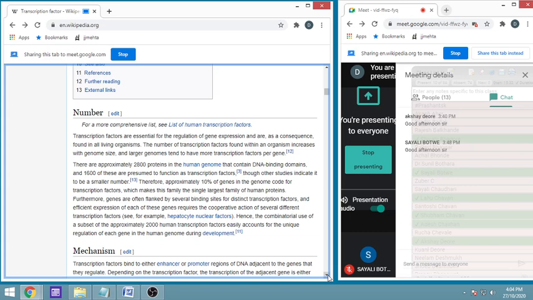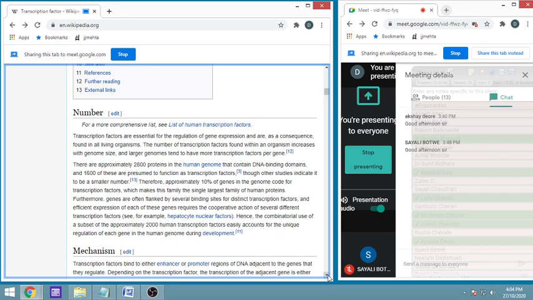As per the human genome, there are approximately 2800 proteins, sorry, I am sorry, these 2800 proteins have DNA binding domains, and out of that 1600 are believed to function as transcription factors, but we don't have exact information on each of them. As science progresses, maybe we'll understand still more details.